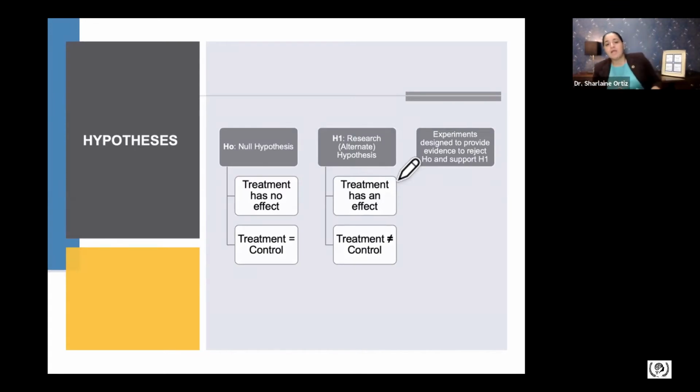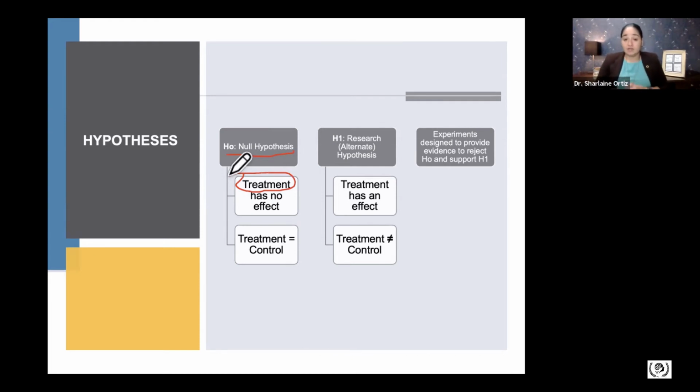Now, in more detail, when we are talking about the null hypothesis, the null hypothesis means that the treatment will have absolutely no effect. It's actually not going to contribute to any of the changes.